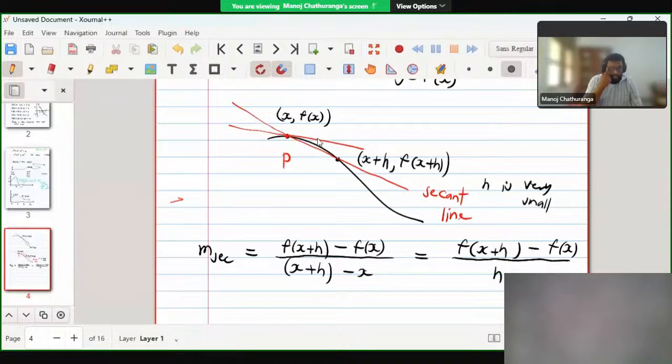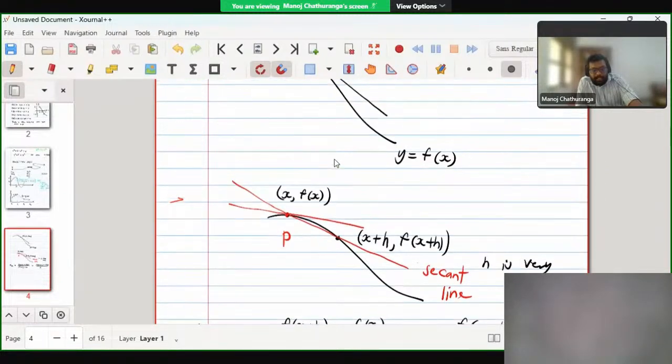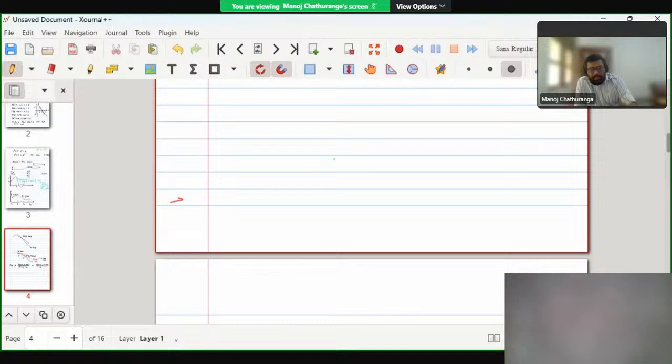How can we make this into the tangent line? To make the tangent line, we cannot have two distinct points on the curve. We only need one point. So what you can do is take this other point, let's call it P prime, and move it towards the other point.